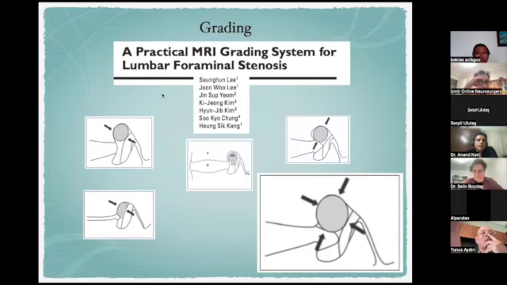Now, this is a paper by Lee and his colleagues. So this is a practical MRI grading system for lumbar foraminal stenosis. Now, I would like to bring your attention to this large enlarged diagram on the right-hand side, where you can see that the exiting root is being compressed from all four sides. Now, the side above and medial is the vertebral body, and this is the pedicle.